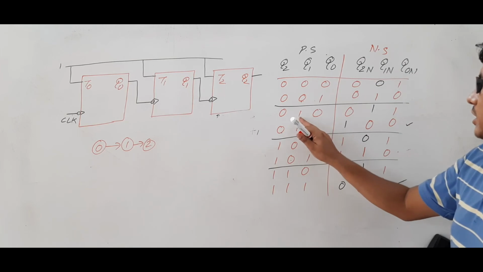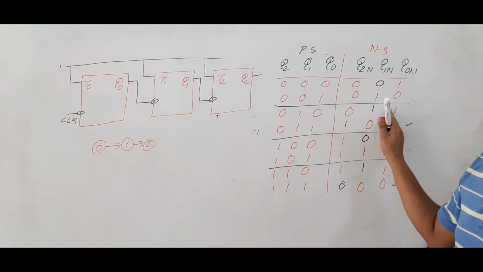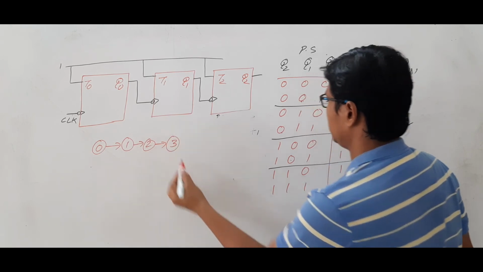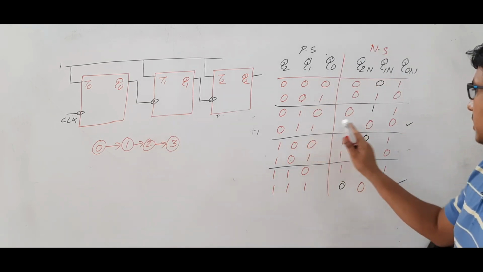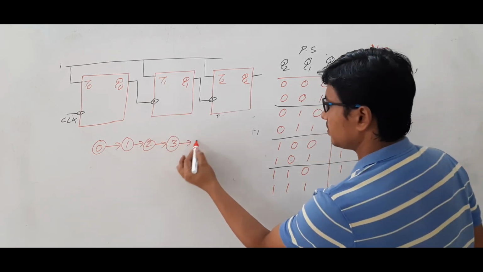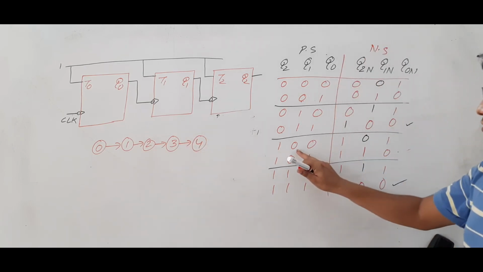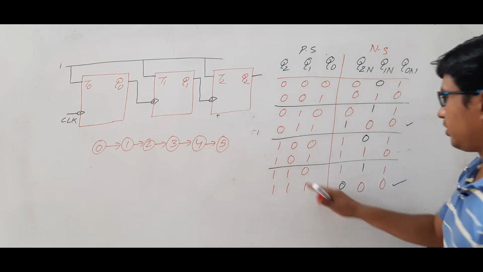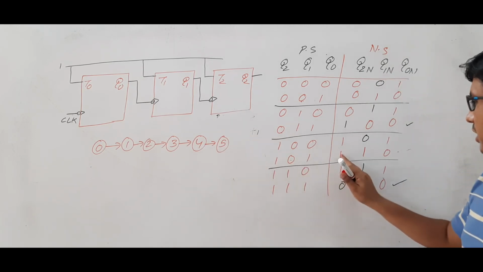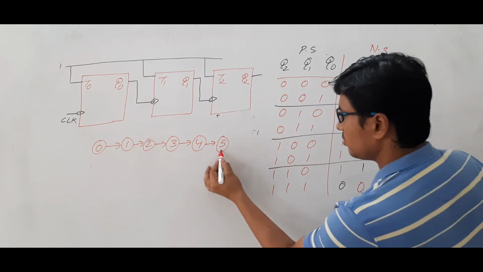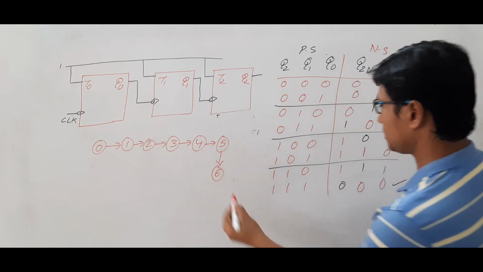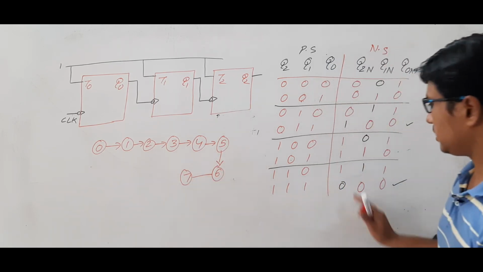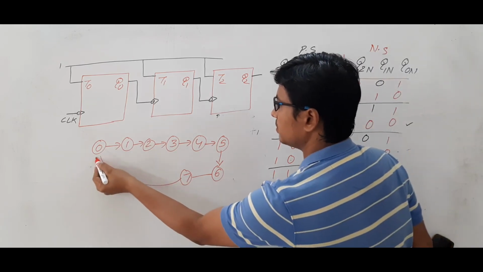From state 2, it is going to 0, 1, 1, which is 3. From 3, it is going to 4. From 4, it is going to 5. From 5, 1, 0, 1 is 5, 1, 1, 0 is 6. From 5, it is going to 6. From 6, it is going to 7. From 7, it is going to 0.